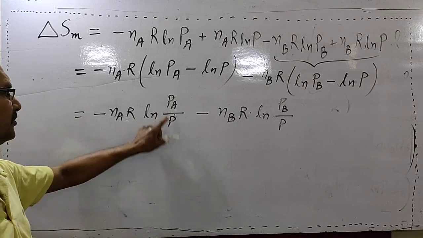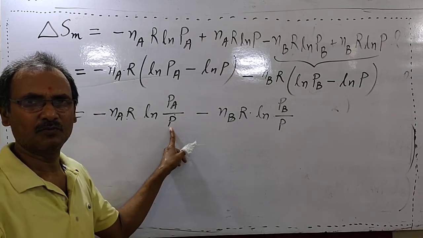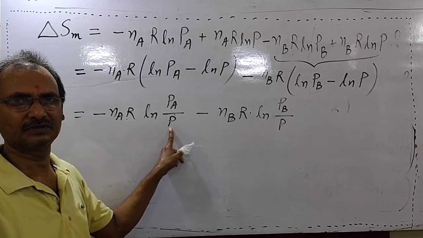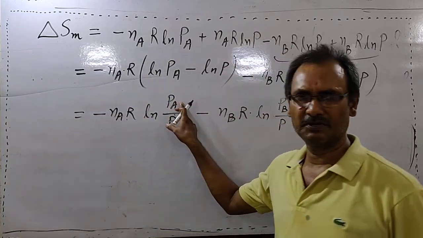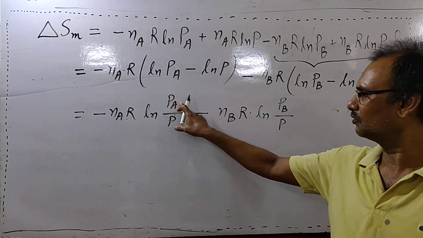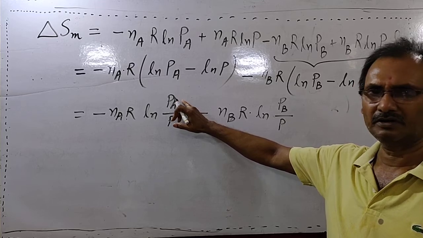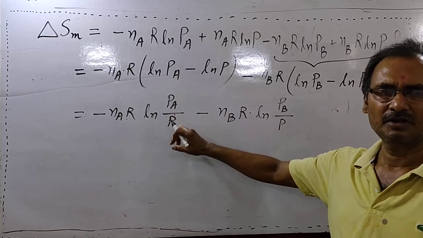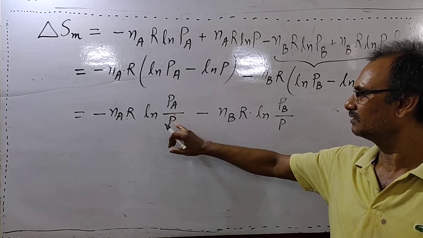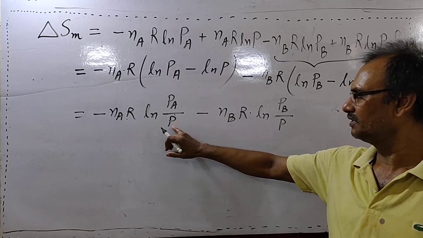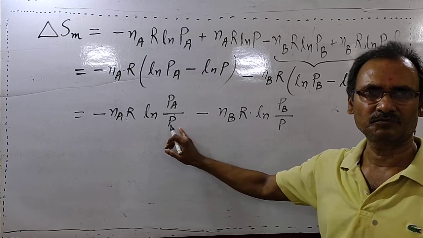Now this term PA by P is equal to mole fraction. From definition of mole fraction, we know the partial pressure of a component divided by total pressure is called mole fraction of that component. So PA by P is mole fraction of A in the gaseous mixture.